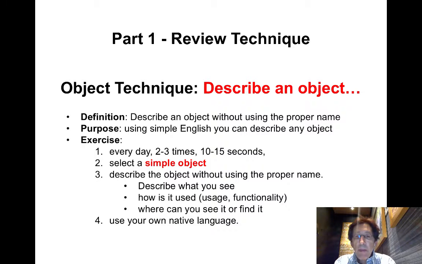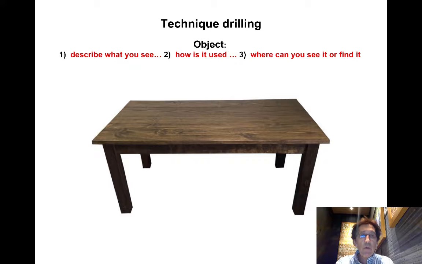All right. So page three is the object technique, and basically you need to describe an object without using the name, the proper name. We've done this before, and we're going to jump right into it. So let's go to page four. Now, what I'd like you to do, Garfield, is first describe what you see.